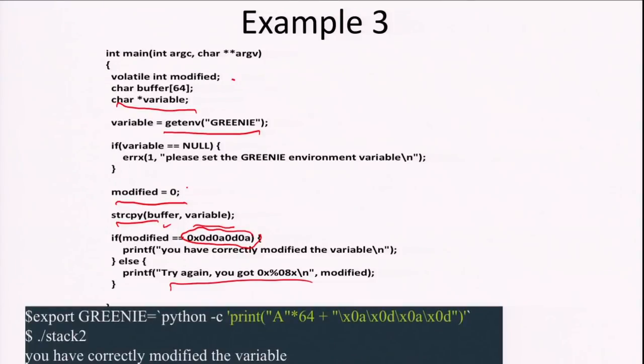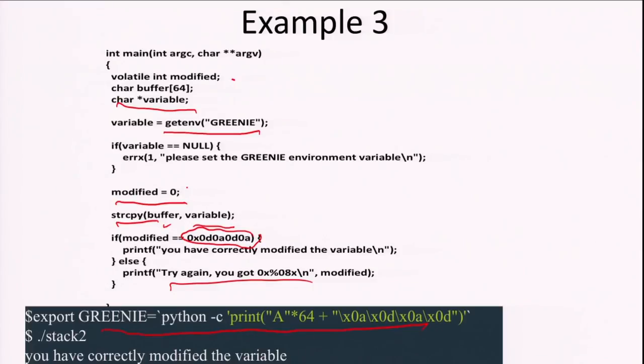So first we do an export of the environment variable called greeny, and we give it a string of 64 A's followed by this particular sequence of hex numbers, but this sequence will actually be in the reverse order as before, and then we execute the program.